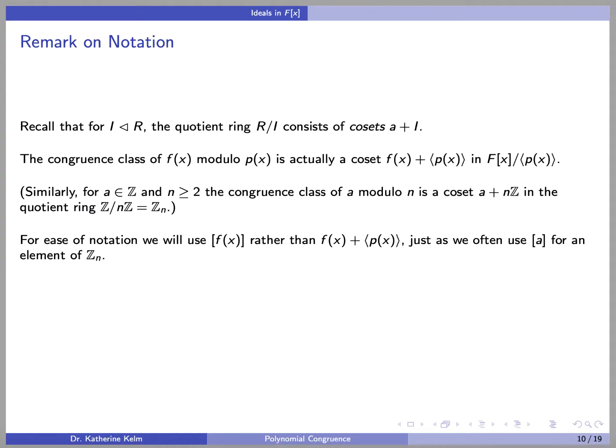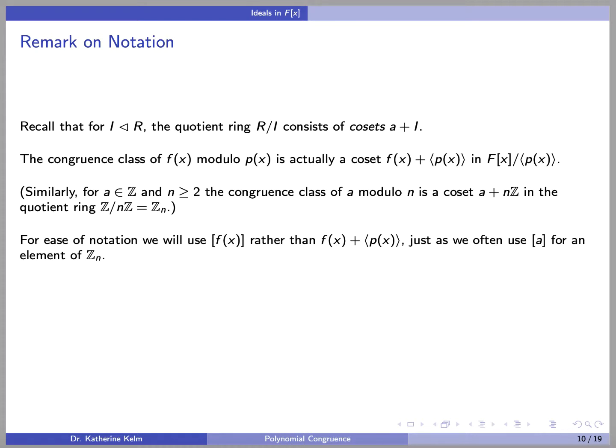A remark on notation. Recall that for an ideal I of a ring R, the quotient ring R mod I consists of cosets A plus I, where A belongs to R. So the congruence class of f of x modulo p of x is actually a coset f of x plus the ideal generated by p of x in the quotient ring, which is very similar to the notion of the congruence class of an integer a modulo n.